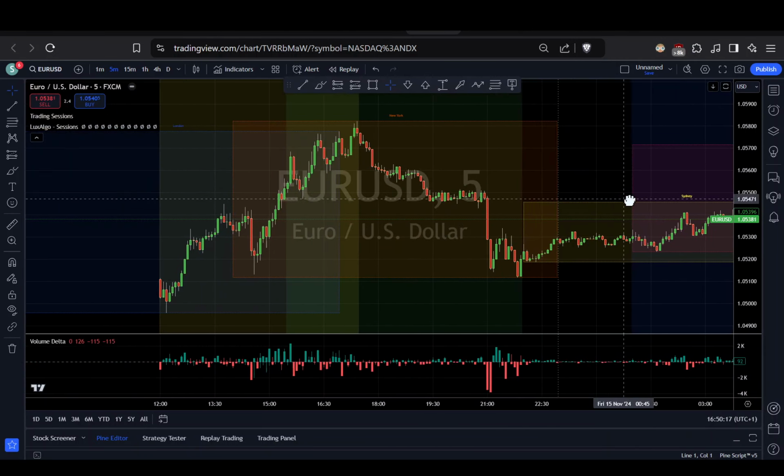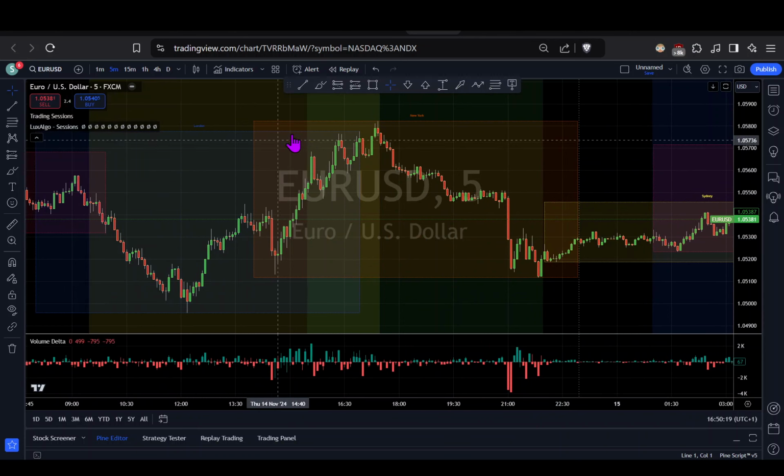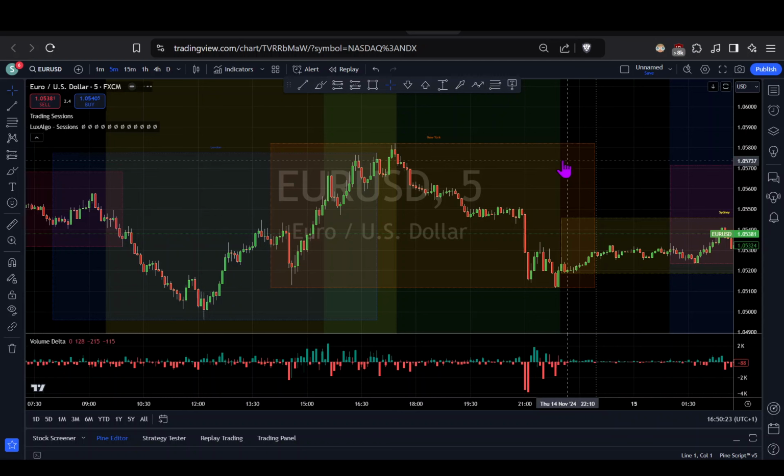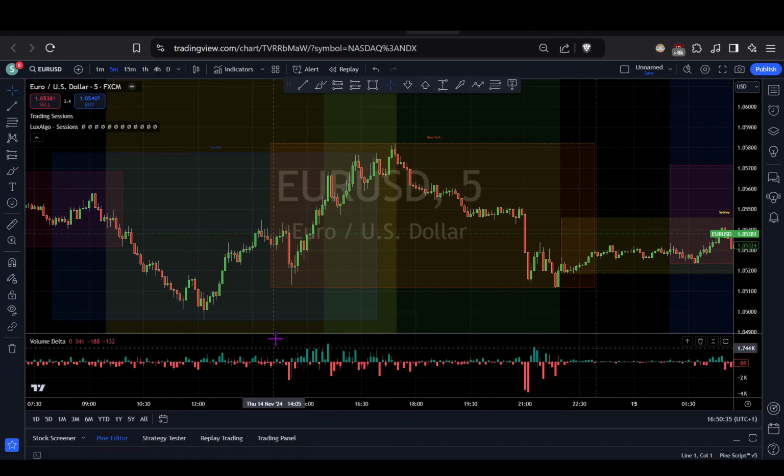Notice what happened here. I have added a session indicator to the screen. Here it says New York, and this square is the so-called New York session. Compared to volume, at the start of the session we have low volume, we come into New York and we start getting volume.